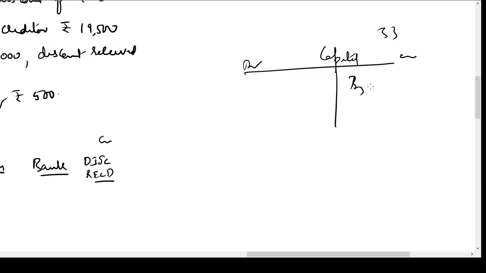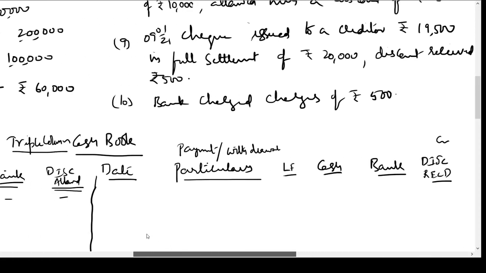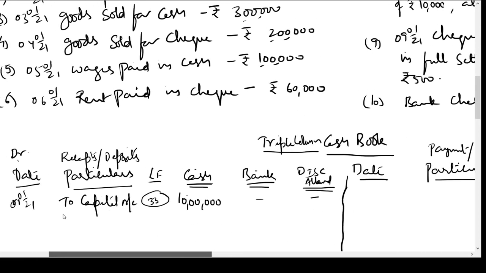There we will be writing by cash rupees 10 lakhs. So this is the meaning of that page number 33 which we have written there. Okay, we'll not learn this in detail because this is not our objective now. We have learned it in our posting of ledger accounts topic.